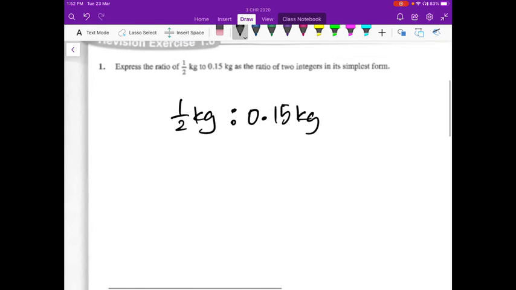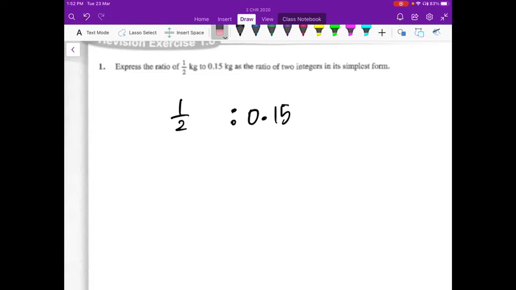Okay, so watch. Half kg to 0.15 kg. Since the units are the same, I can remove the units. Now the next part is where it gets interesting. Calculator, fraction. Press fraction.